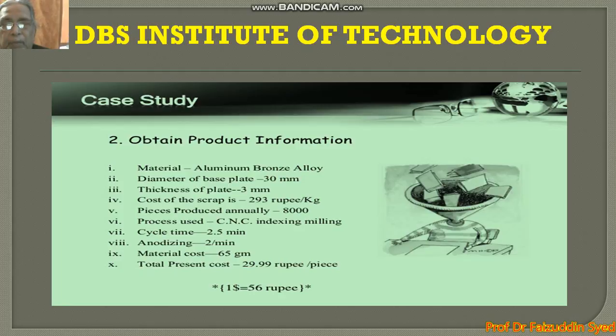The cost of scrap is 293 rupees per kg. Pieces produced annually: in a year, how many pieces are you going to produce? 8,000 pieces. What is the process you are using for the production? You are using CNC index.